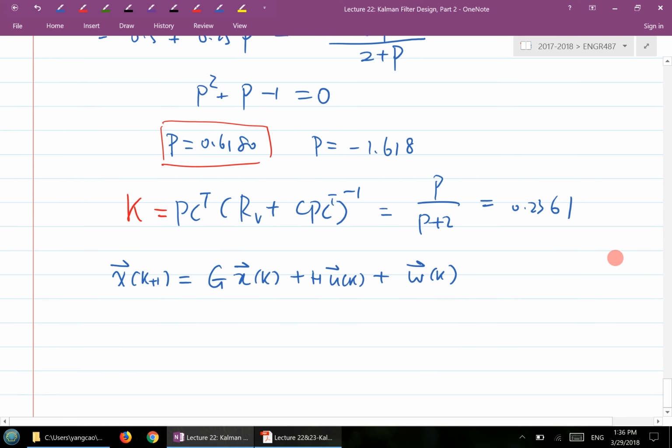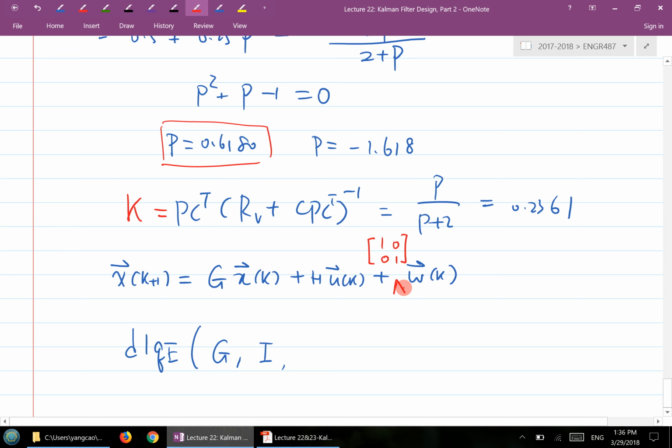So when you use MATLAB, you use DLQE, and then plug in the G here, and then plug in a unit matrix I. This unit matrix I is basically like 1 0 0 1.